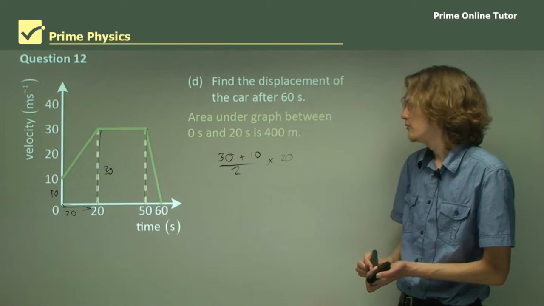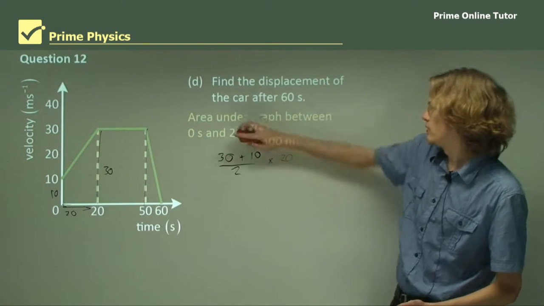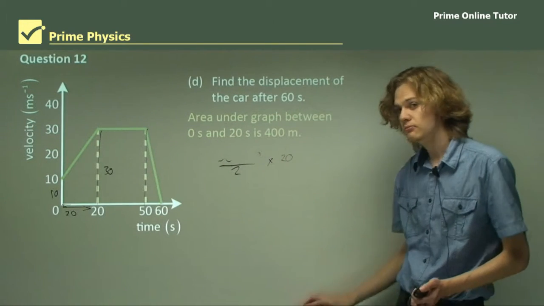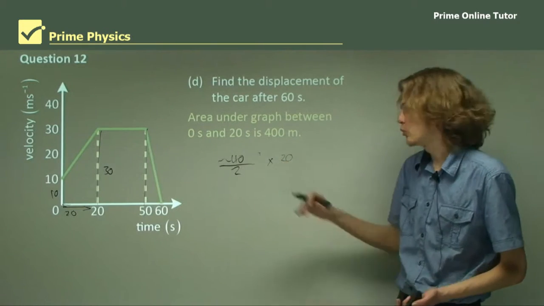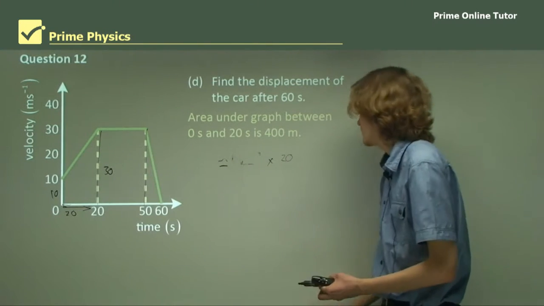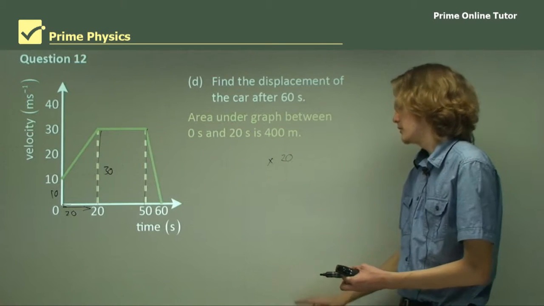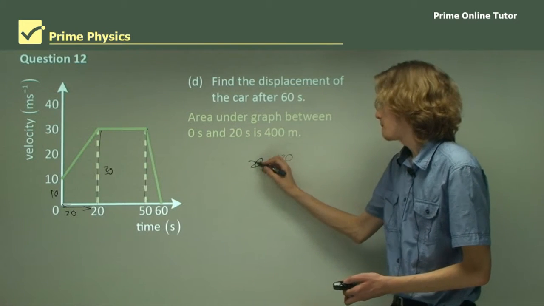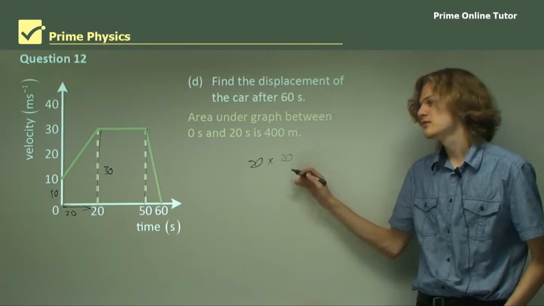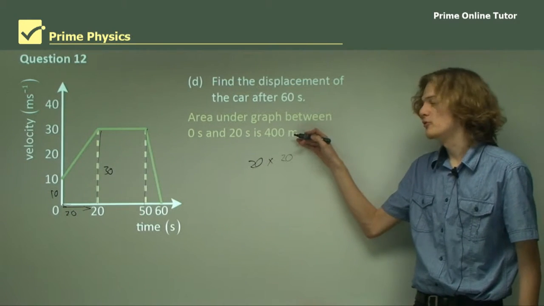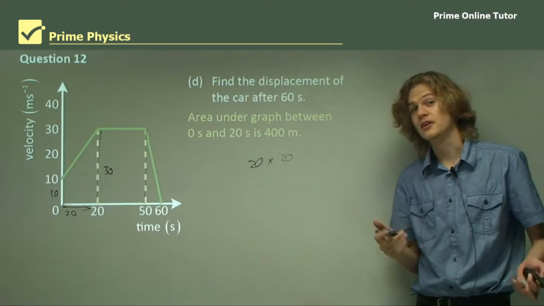And so, evaluating this, we find that 30 plus 10 is, of course, 40. 40 divided by 2 is 20. And so we end up with simply 20 times 20. This 20 is in meters per second, and this 20 is in seconds. And so we end up with 400 meters. And the second and the per second cancel out.